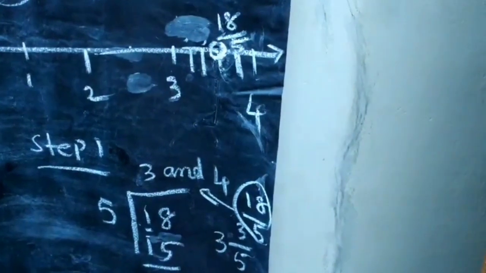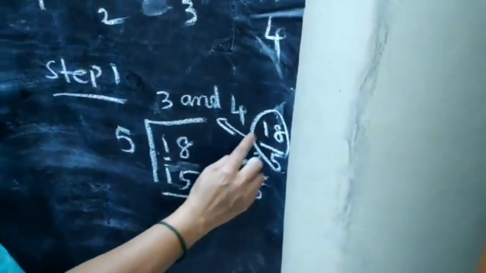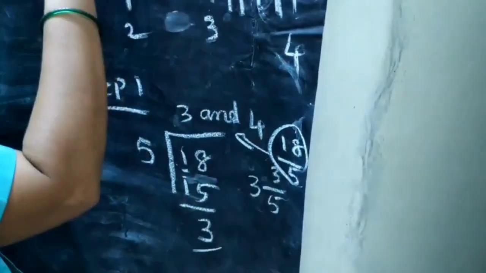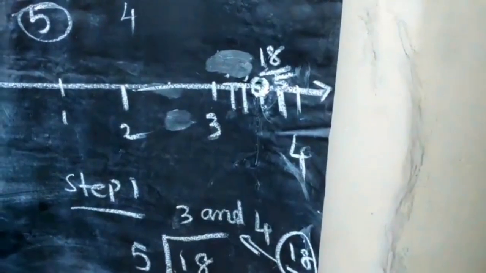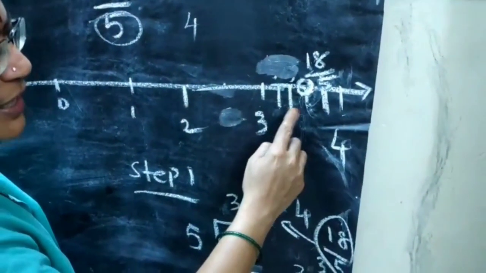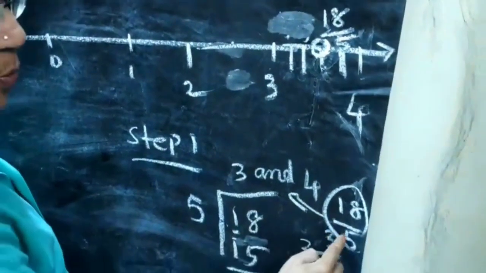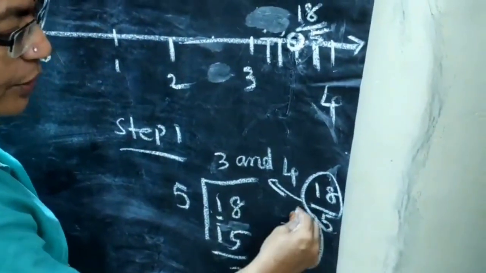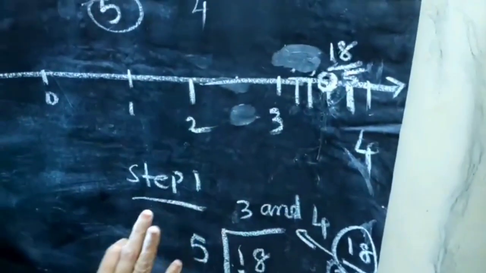This point is 18 by 5. Do not write the 3 by 5 number; write only what the question asks, 18 by 5. To mark it, divide the number, find the answer and the number of parts. So the third line is 18 by 5.